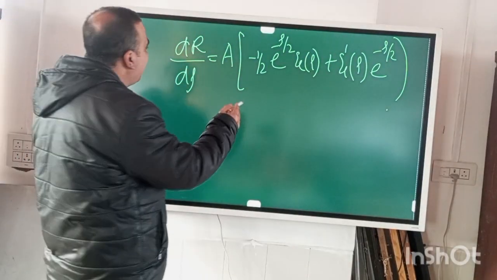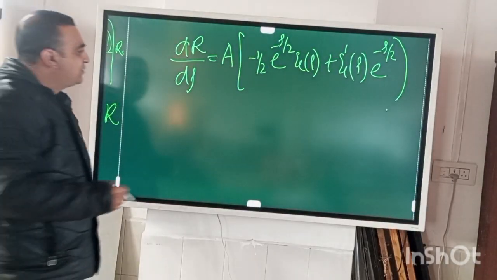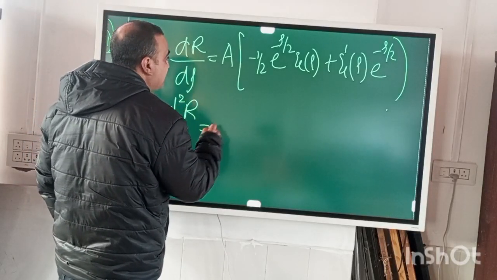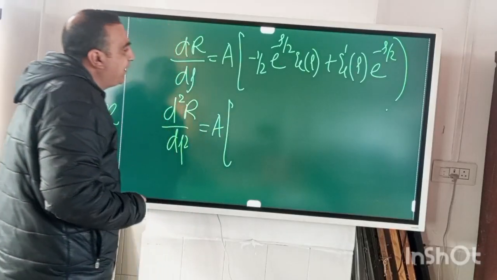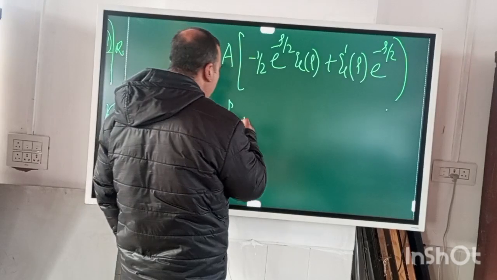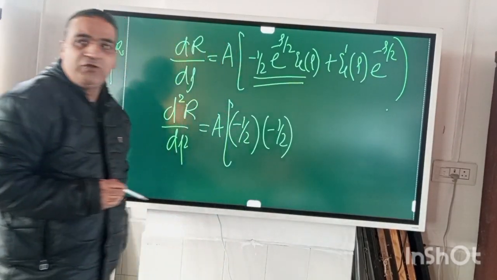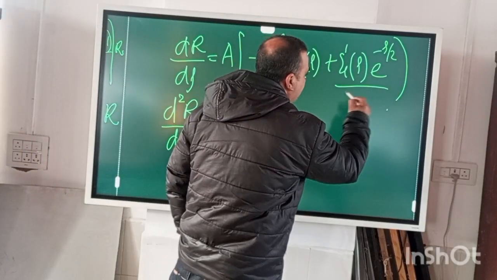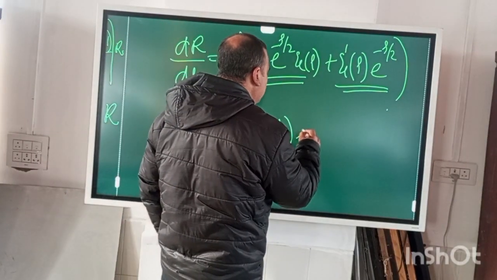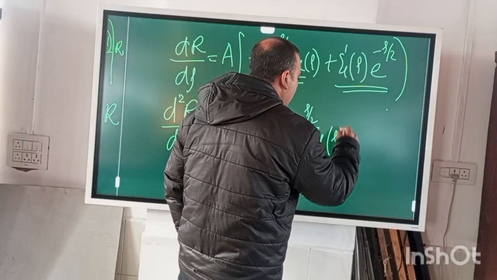Now, you can see I need the double derivative also in the equation, so I have to differentiate it again. For that, I will get d2r by d rho 2, A is out. Then here you have minus 1 by 2 out. Now, again you will have minus 1 by 2. We have the UV rule here, and then again we will have the UV rule here. We have to do it 2 times. So here you have e to the power of minus rho by 2, then zeta of rho.